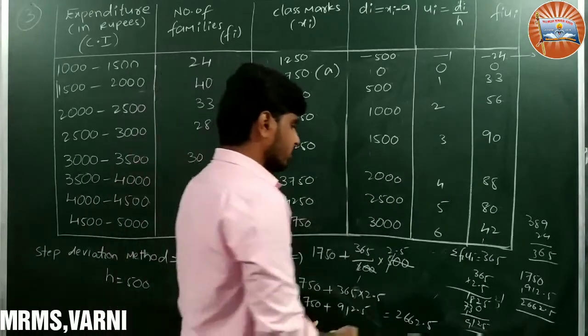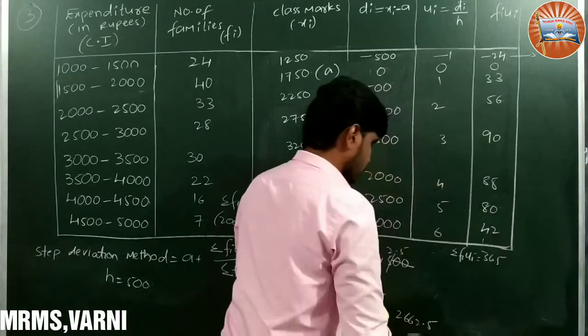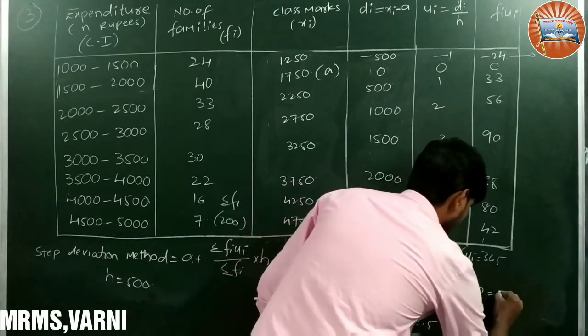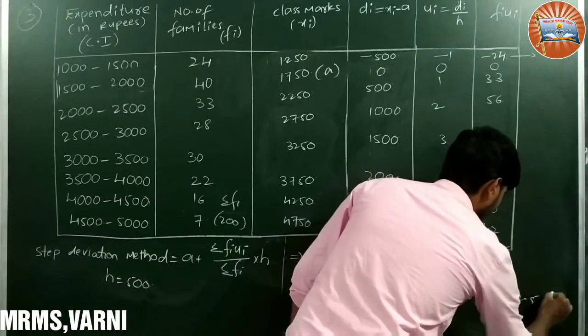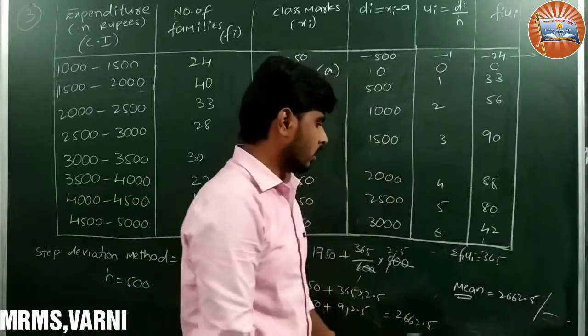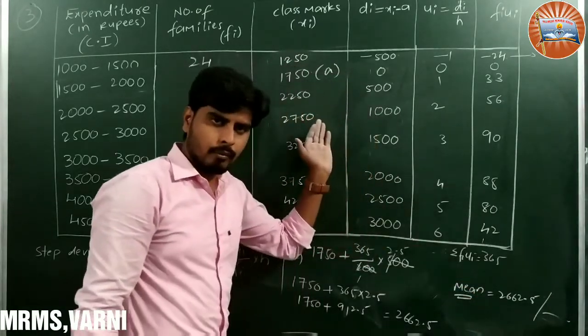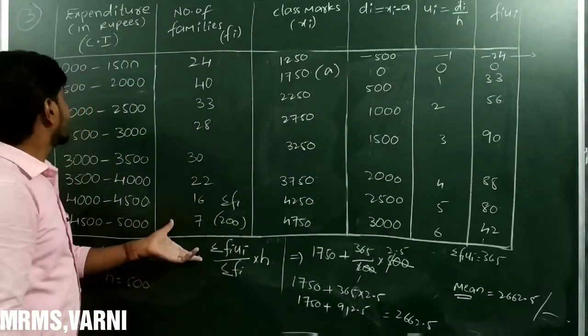Now what is the mean? The mean is 2662.5 rupees. This is the mean expenditure of the 200 families. Okay, right. This is about the third problem.